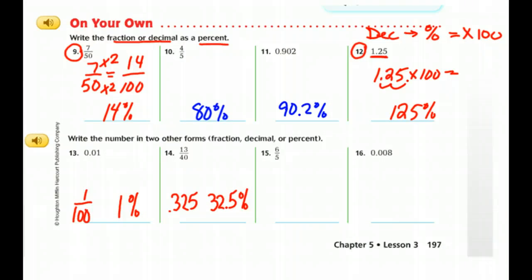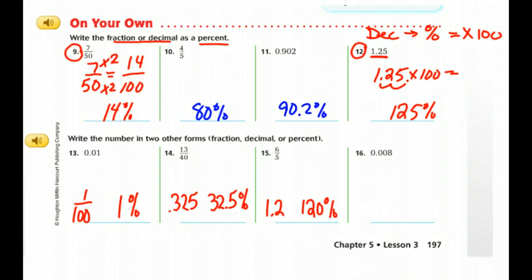Question 15, I noticed, is an improper fraction, so we're actually going to have a whole and a part. It's a top-heavy fraction, so I'm going to end up with a percent greater than 100. When I look at this, I'll notice that my decimal version is 1.2, and my percent is 120%.